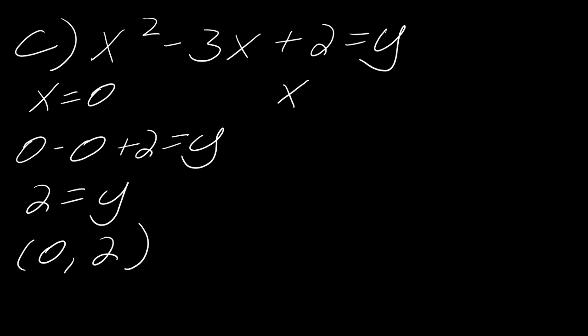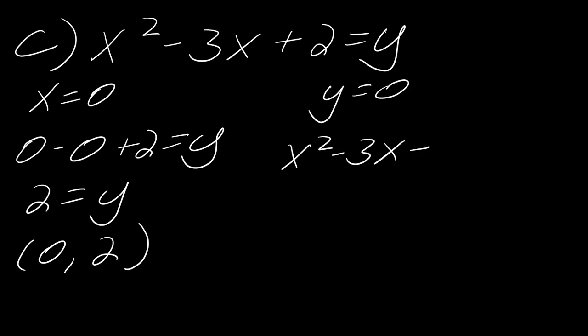Now, for the other one, I want to set y equal to 0. Oops, let me just note that. So my y equals 0. So I have x squared minus 3x plus 2 equals 0. Now, notice again, we've got to just use our noggin and think about all the math that we know of how would I solve this particular case. As you start to move up in math, so pre-calc and calculus and all that good stuff, random things get thrown at you and you have to think through your Rolodex of math knowledge of how to approach it.